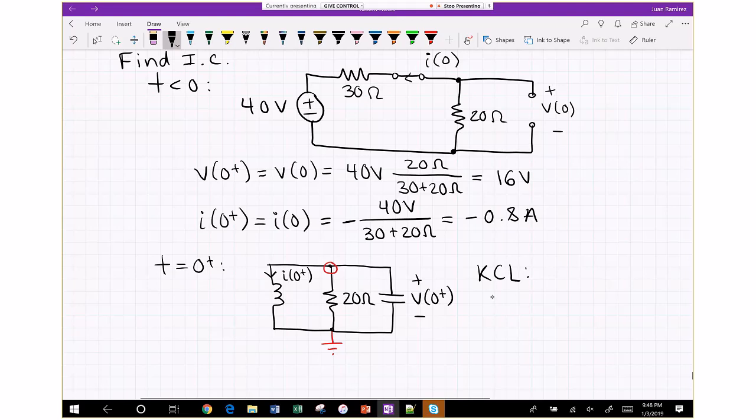KCL says the inductor current is I at 0 plus. The resistor current will be the voltage across the resistor, which is also equal to the capacitor voltage, divided by the resistance. And the capacitor current is what we're calling IC and what we're solving for.